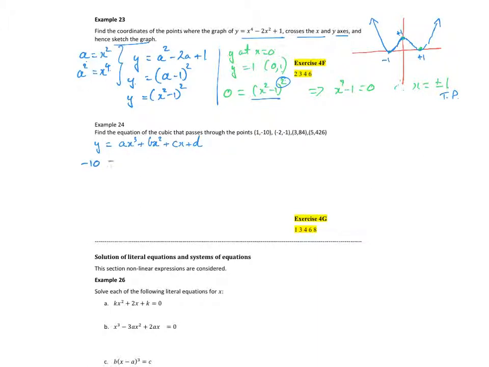So negative 10 is equal to a plus b plus c plus d, because I put x equal to 1 up there.